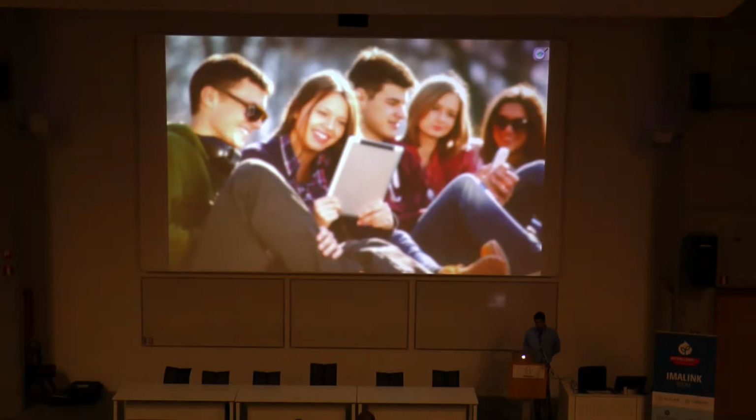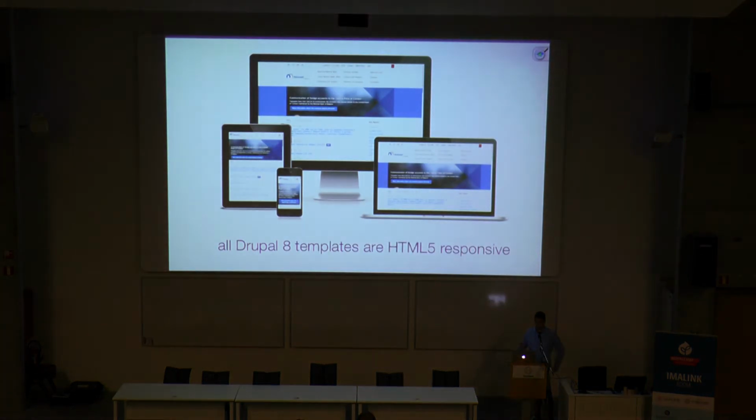There are also things that are changed for the visitors of your website. There is improved accessibility. All Drupal 8 templates are now HTML5 and fully responsive. All Twig templates are that way, and it's much better for the accessibility of a page, of course.